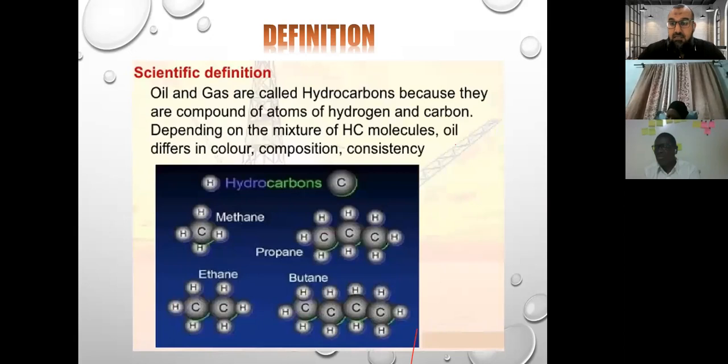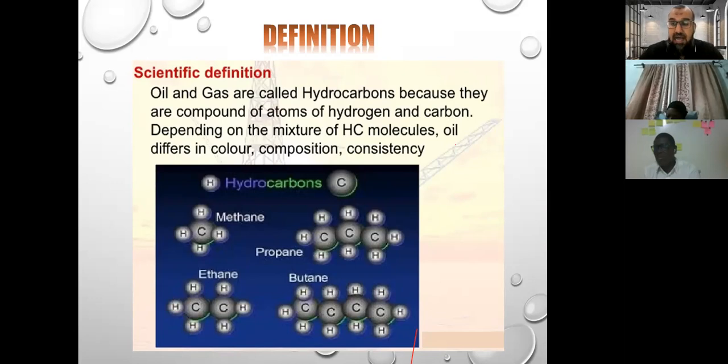But the scientific definition of oil and gas is hydrocarbons. Because if someone studied chemistry during secondary school, we know that hydrocarbons like methane, propane, ethane, butane are a combination of hydrogen and carbon.